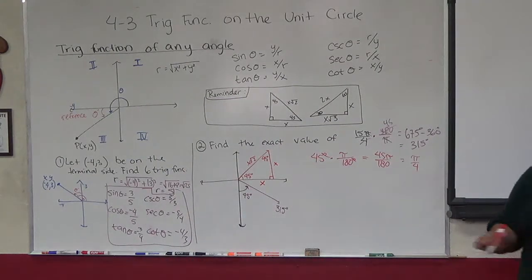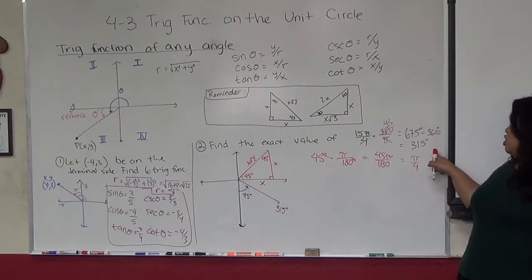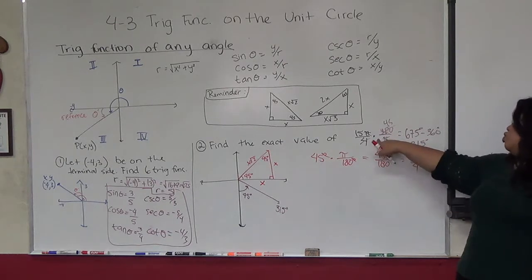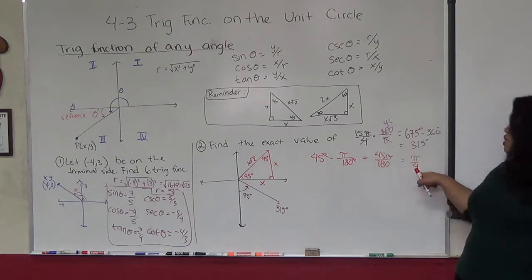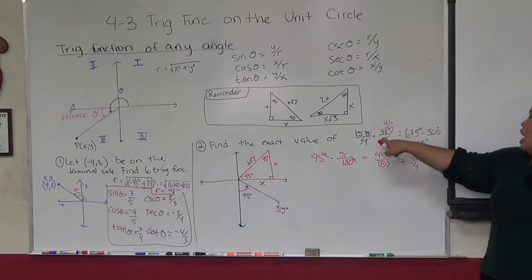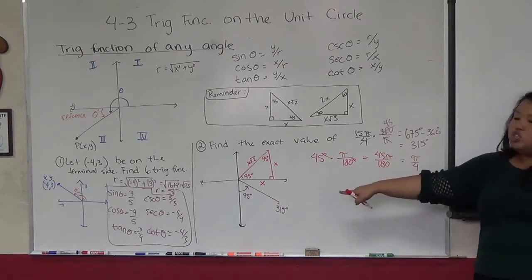Now, here's the thing. Some of you might not have had to necessarily do this. If you know how to find the radians on the circle, you could have just subtracted a pi from this to get this. Do we understand that? No. Because I took this and converted it into degrees so that I knew where to draw it.